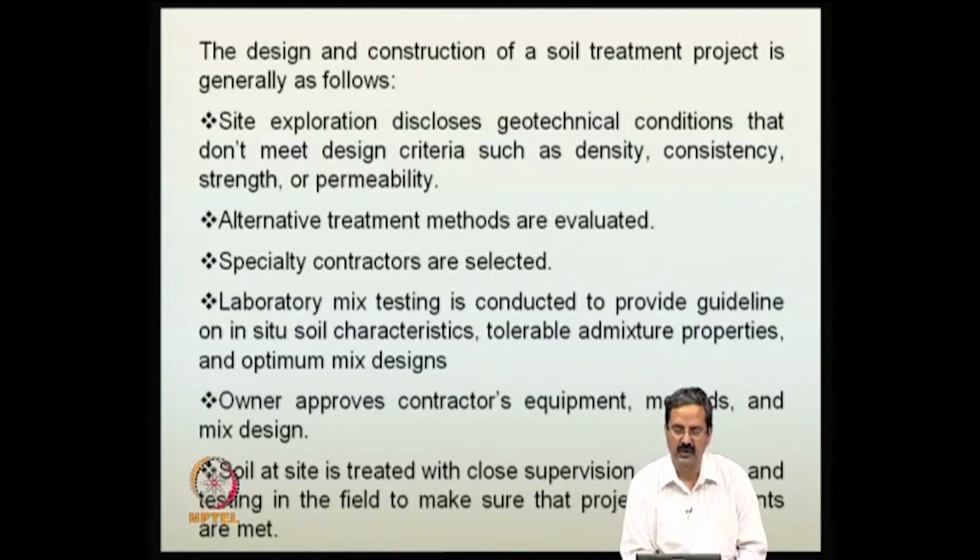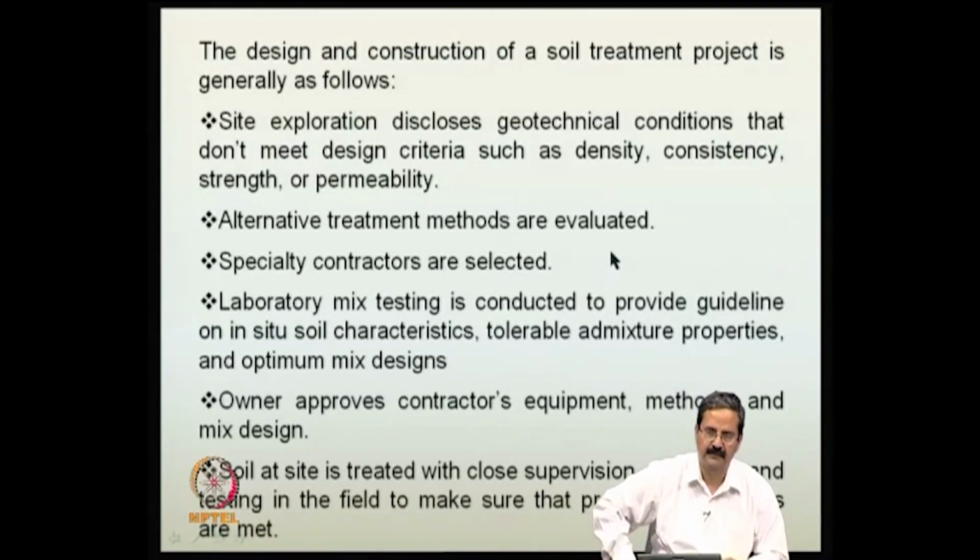So, essentially you are looking at many of the engineering properties there, and once you know that they do not meet the criteria, then you have to improve those properties in a proper way. You need to look for alternative treatments. So, what are the alternative treatments? We discussed many; for example, one can use lime, one can use cement, one can use stone columns, one can use prefabricated vertical drains and all that.